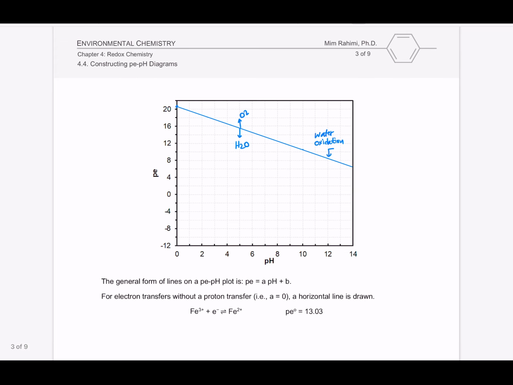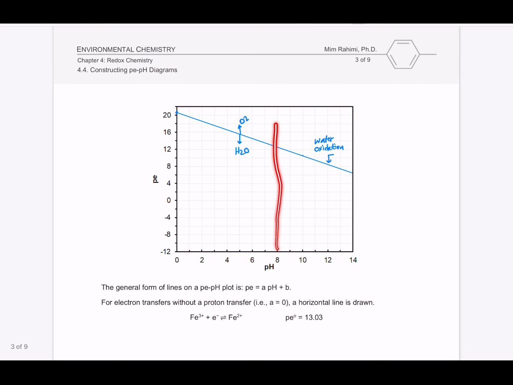If you want to have more oxygen, then you just continue reducing the pe, keeping the same pH. So again, the information on the line is basically the same ratio. On either side of the line, one of the species is dominant. That's the whole purpose of this graph. We're basically defining zones. So far, we defined two zones: the oxygen zone and the water zone.